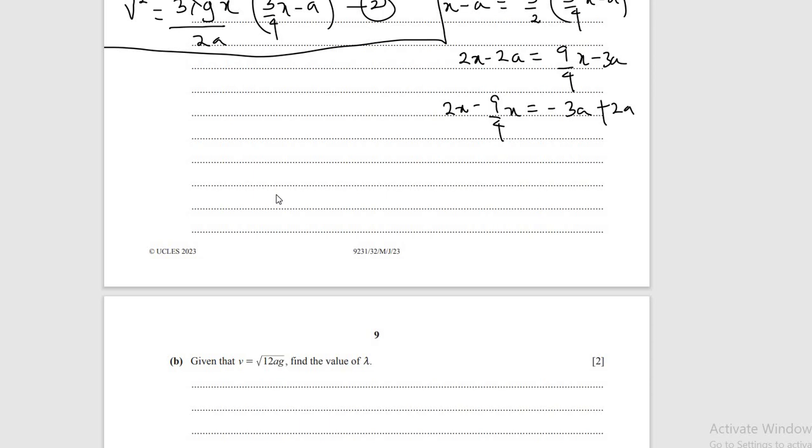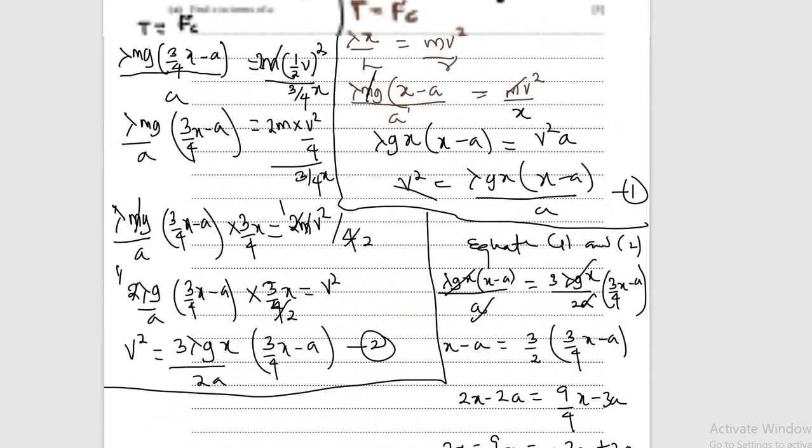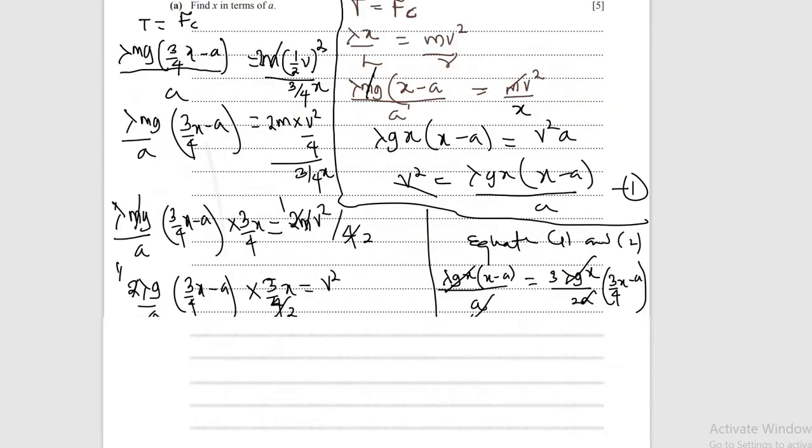At the end of the day, we have minus x over 4 equal to minus a. Minus cancels minus. x equal to 4a. I think that's what they asked us to find, x in terms of a. So x is equal to 4a.